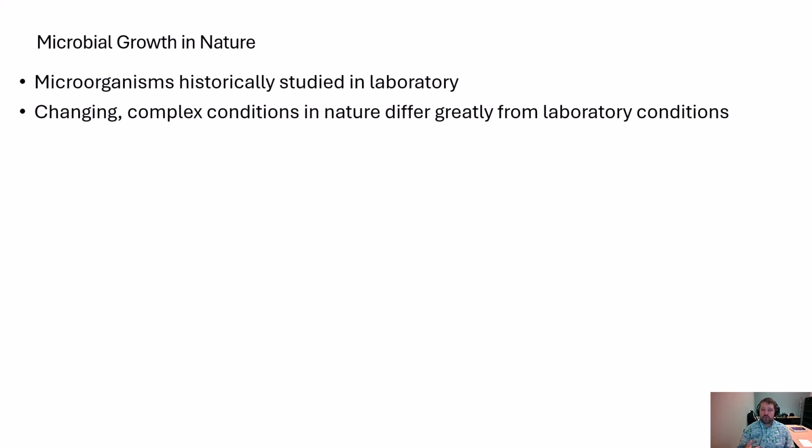There are all kinds of things that you would have to control for to try to get a natural population to grow in a laboratory. It's very difficult, so normally in laboratory conditions we don't do that. So when we look at their behavior or their growth, it's very different in nature.